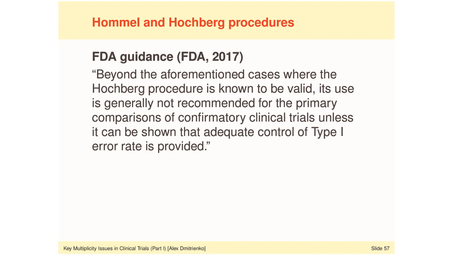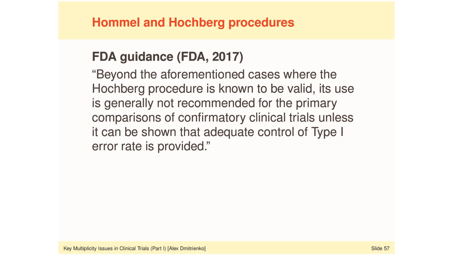The guidance makes the following comment. The Hogberg procedure is known to provide adequate overall alpha control for independent endpoint tests and also for two positively correlated dependent tests with standard test statistics. And then it lists the specific distributions that provide alpha control.